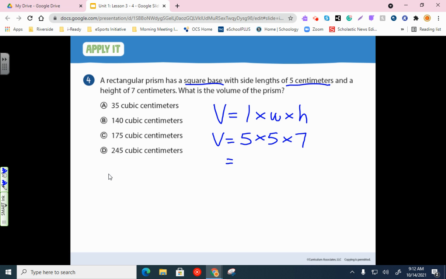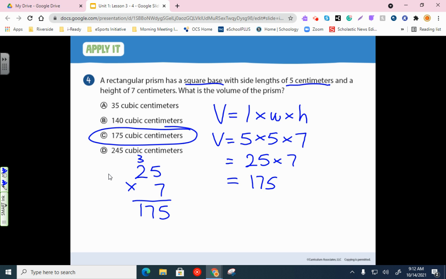So we will do 25 times 7. Let's use our space here to figure out 25 times 7. And that gives me 175. And look at that, that matches up with C right there. So far, so good.